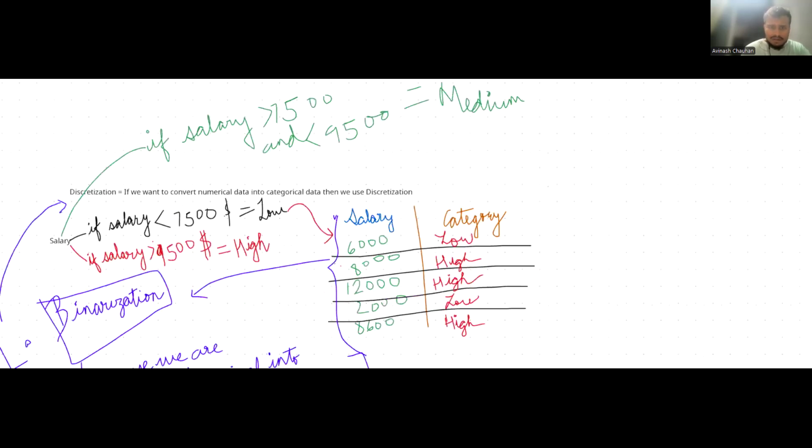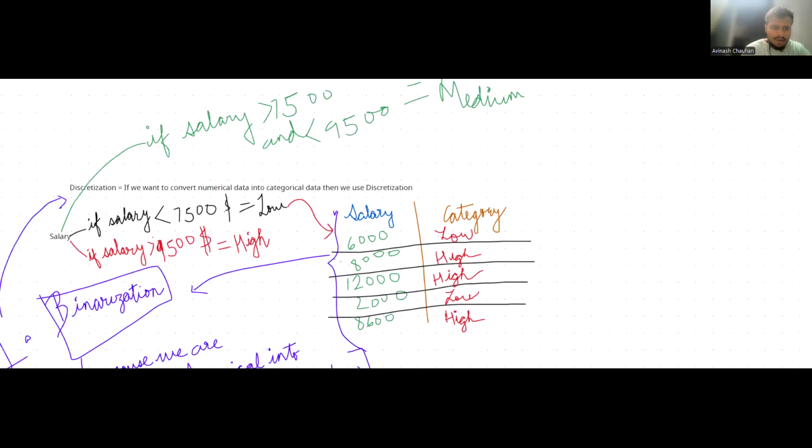So you can see here how it will affect. How it will affect this particular 8,000.